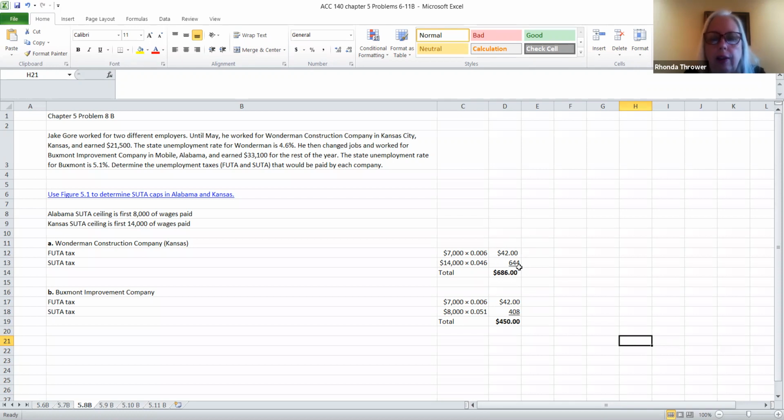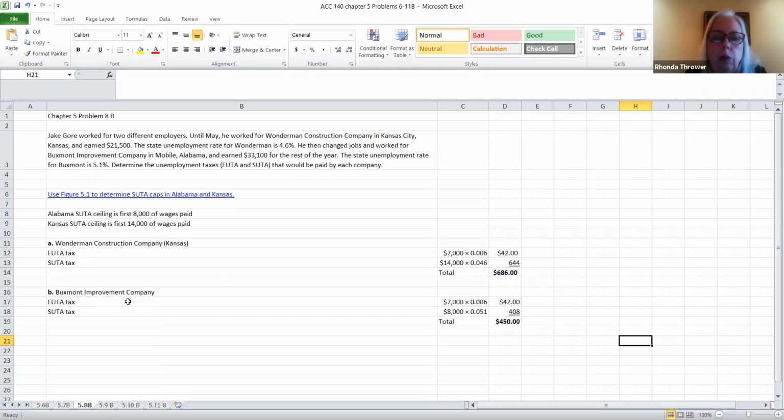The total taxes that would be paid in Kansas by the Wonderman Construction Company are $42 for federal unemployment taxes and $644 for state. That gives a total amount of unemployment taxes of $686.